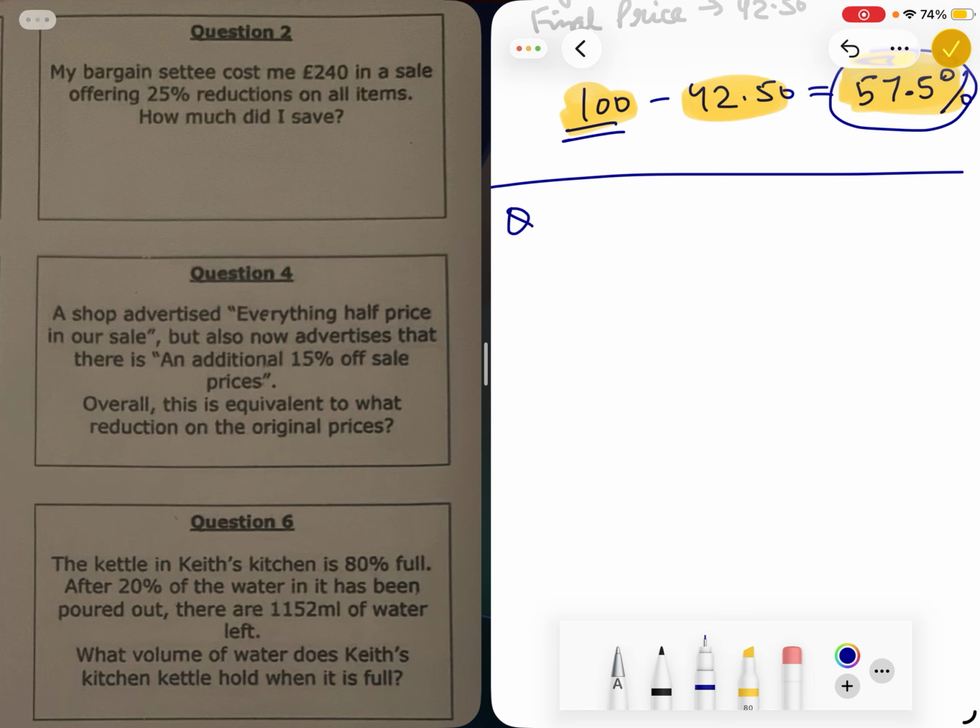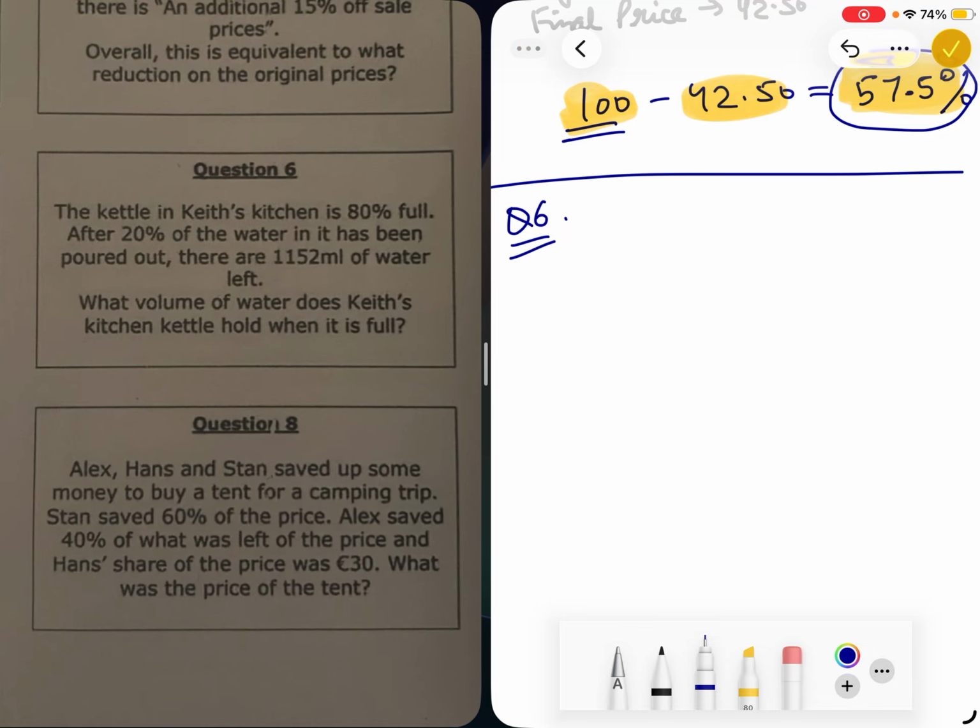Question number 6, because in question 4 there were no values given. Question number 6, let's understand. It says the kettle in Kate's kitchen is 80% full right now.